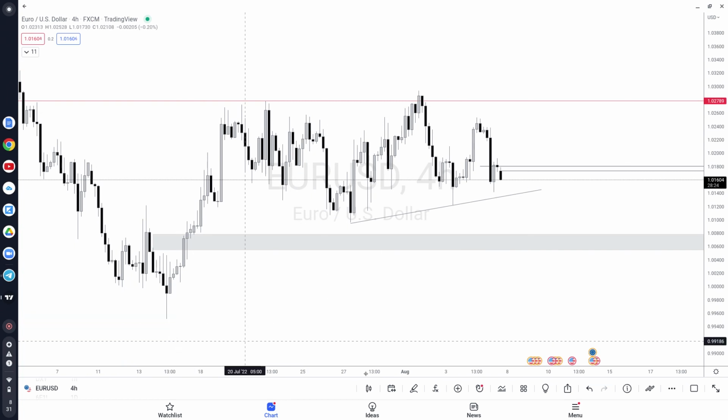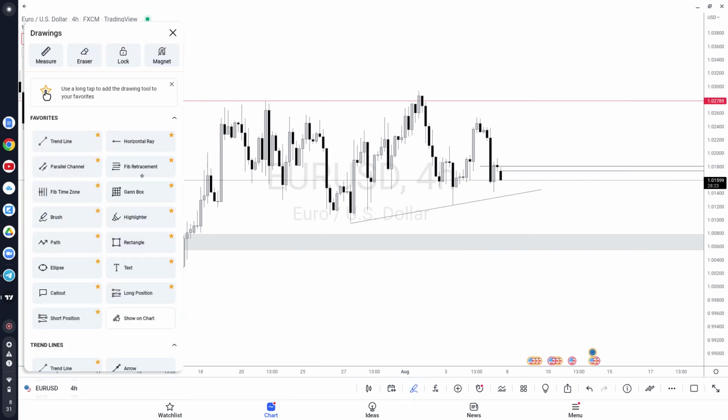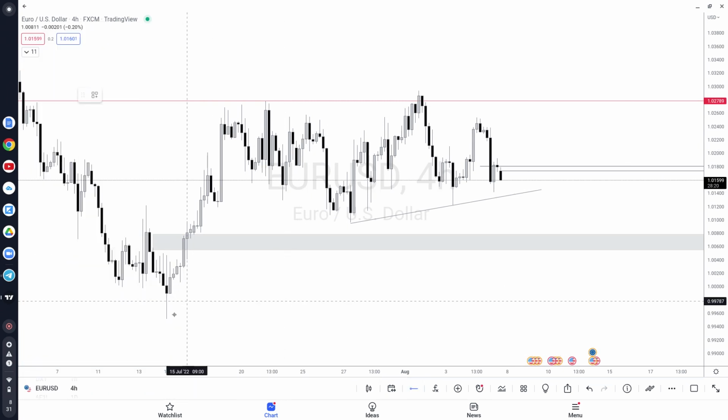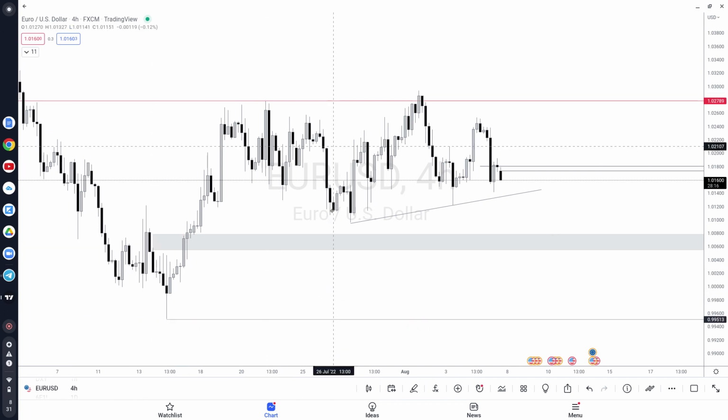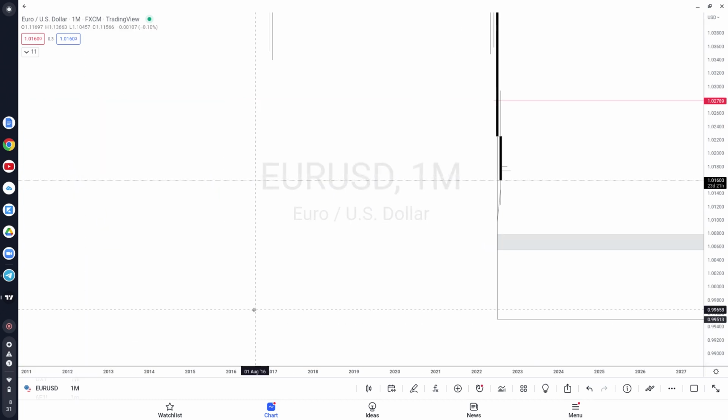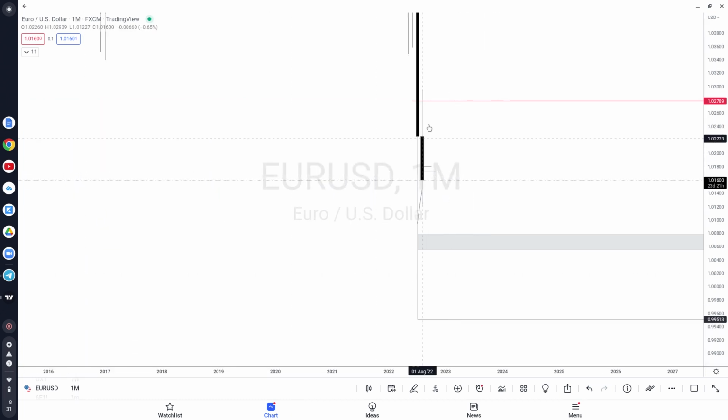So I'm thinking that this low here is the bigger draw on liquidity, because we've had this consolidation and price swept weekly levels in here. Let's look at a monthly chart. All right, so that's the August candle.